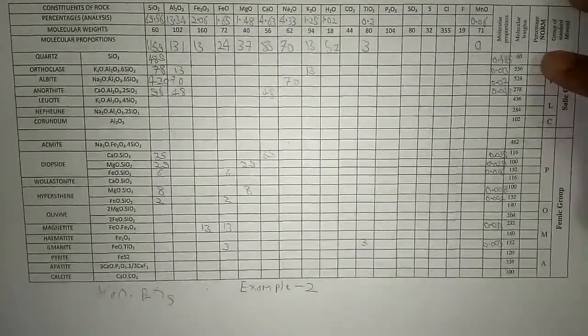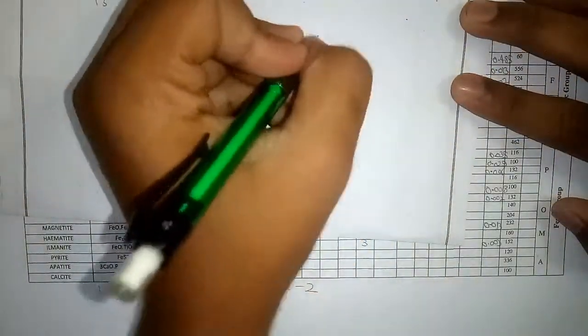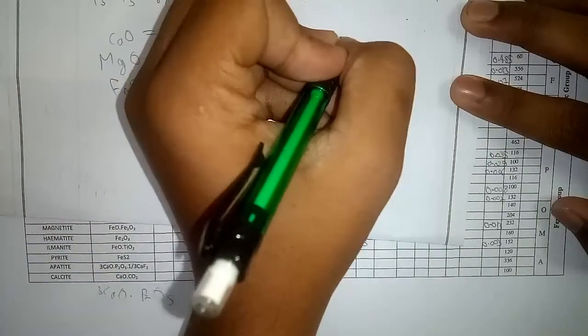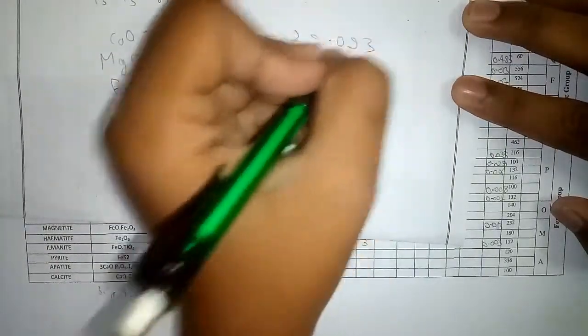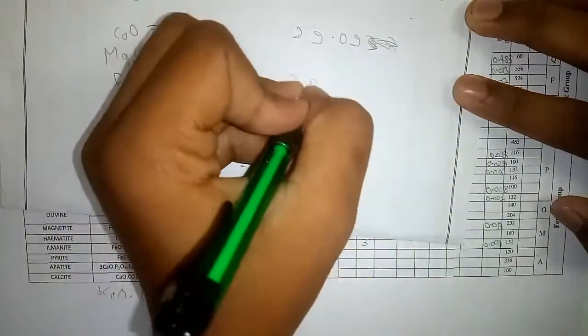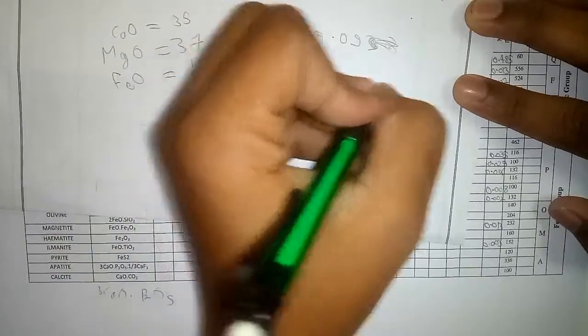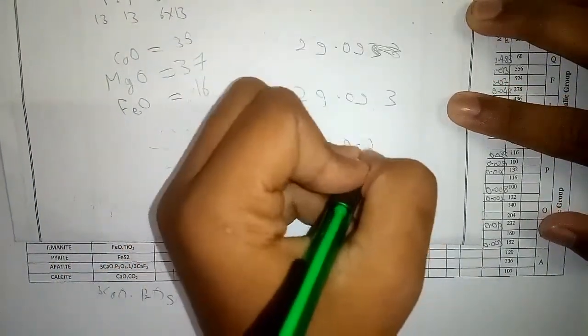Means for example, if you get the answer 29.093, then take it as 29.09 only.